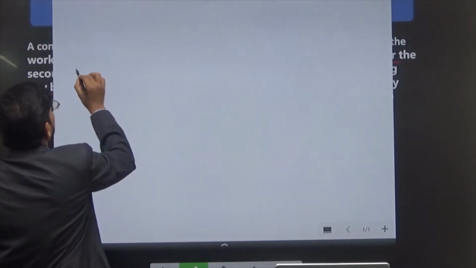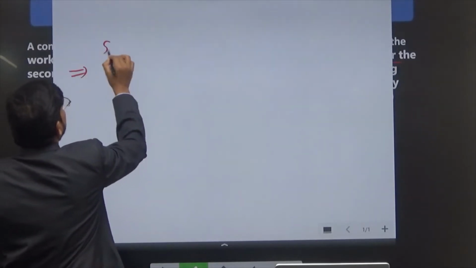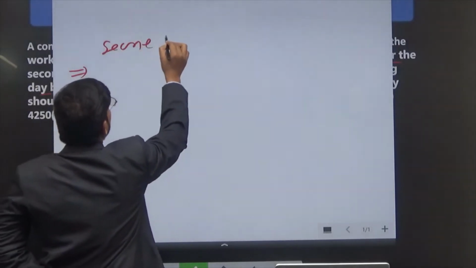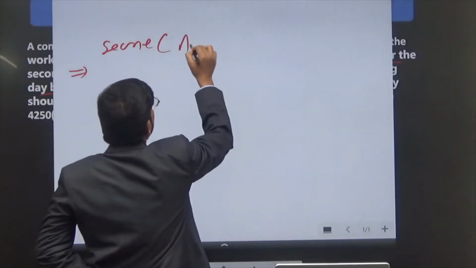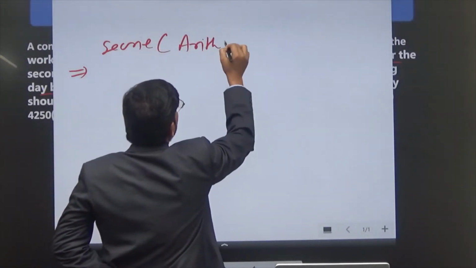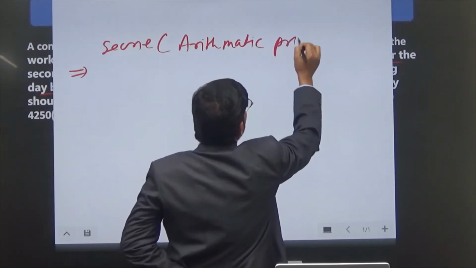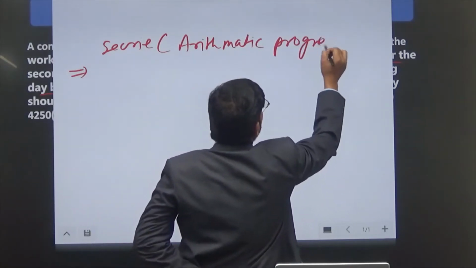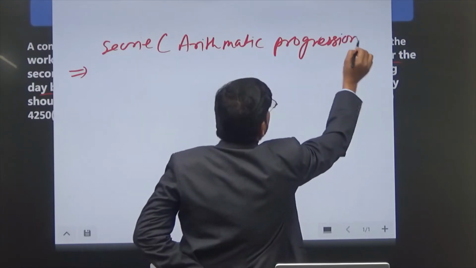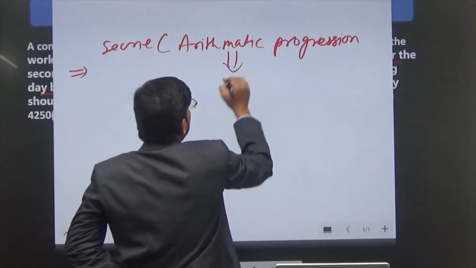Suppose this is a series. What kind of series? Arithmetic progression. इसको simply बोलते हैं AP.